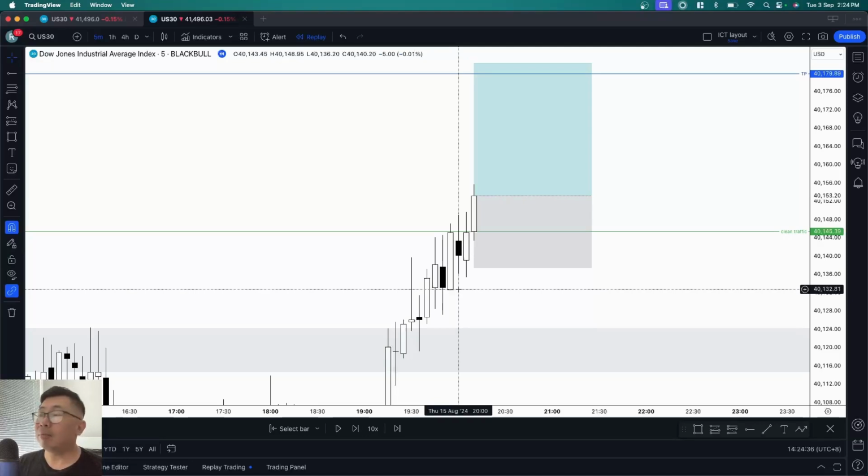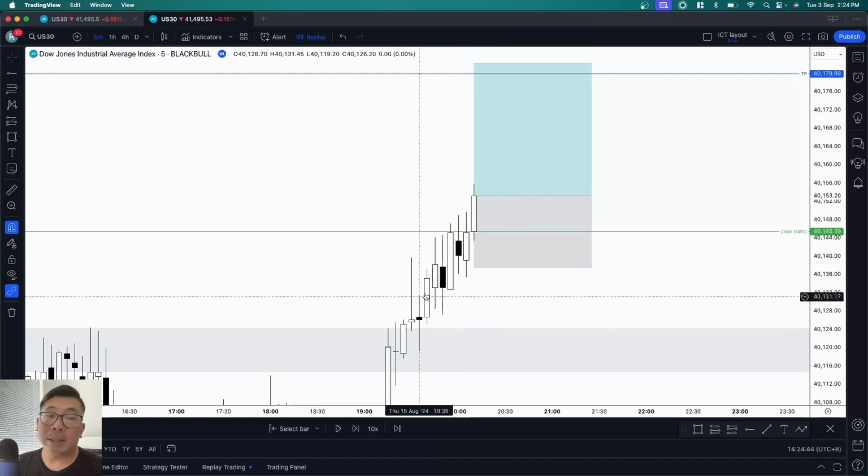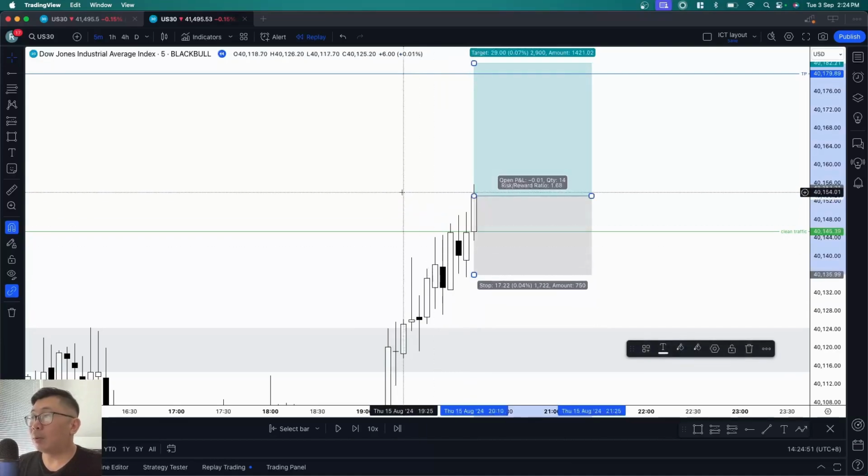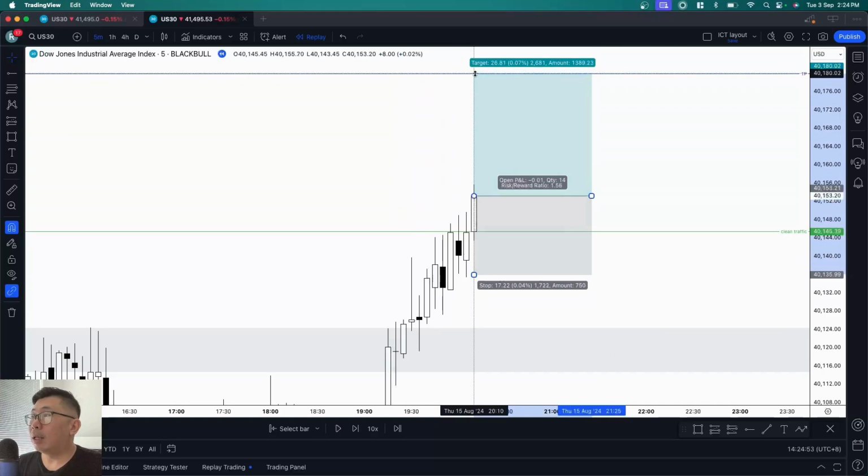But if it's the same, then there's no point. In my eyes I see similar strength between this support and that support, so I use this one as a support. Then I target the next one.